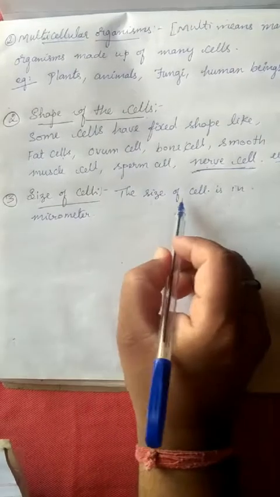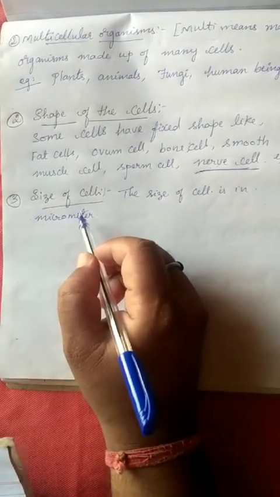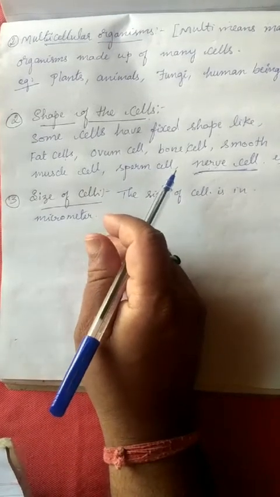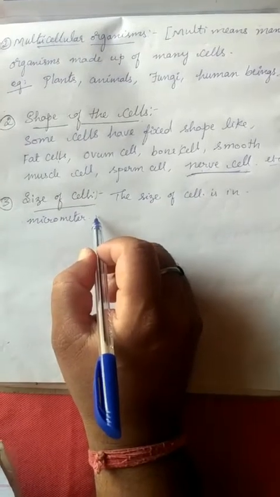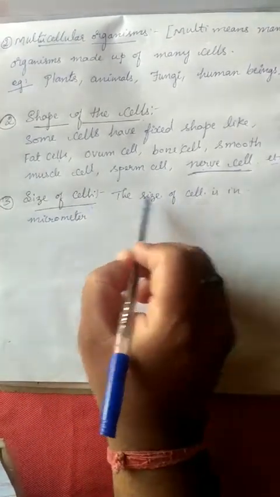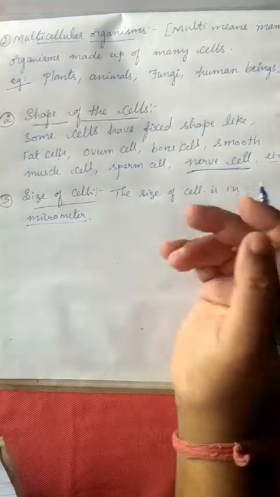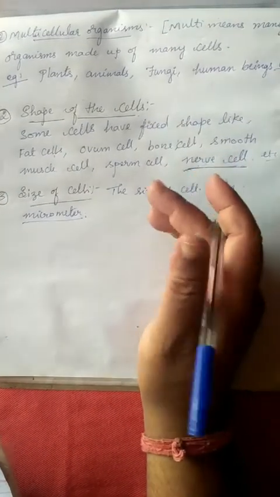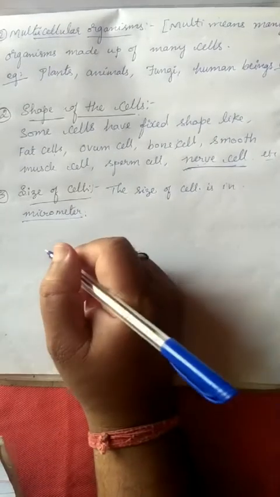In bacteria the size of the cell is in micrometers, so we cannot see microorganisms like bacteria and some other types of protozoa with our naked eye, because the size is in micrometers. And the largest cell is the ostrich cell.